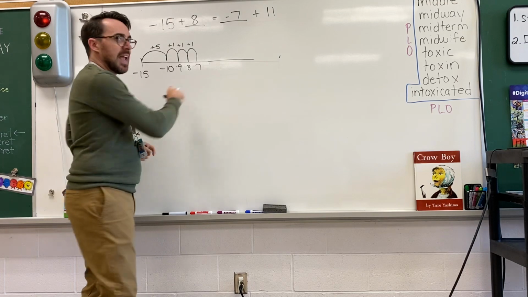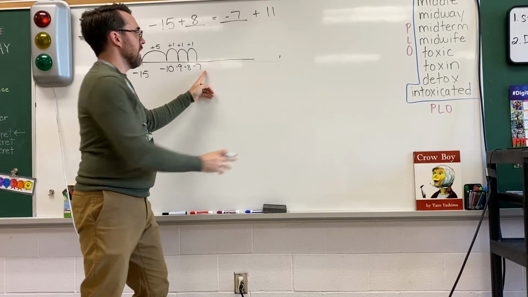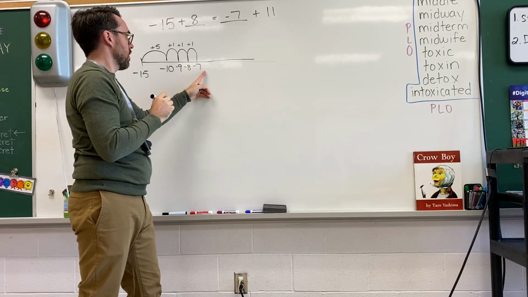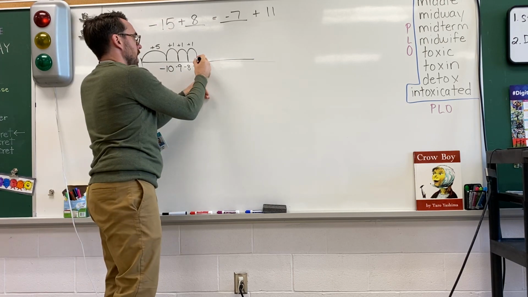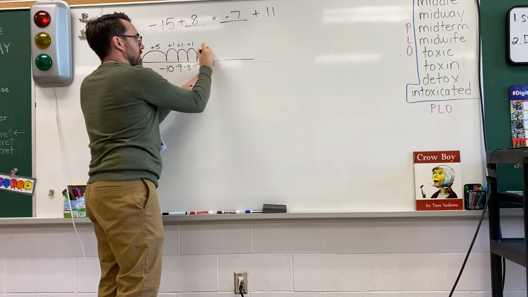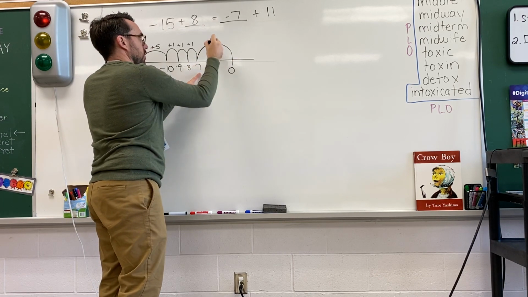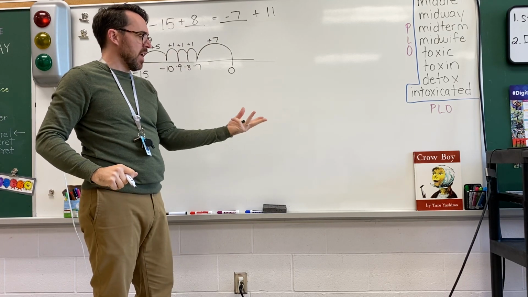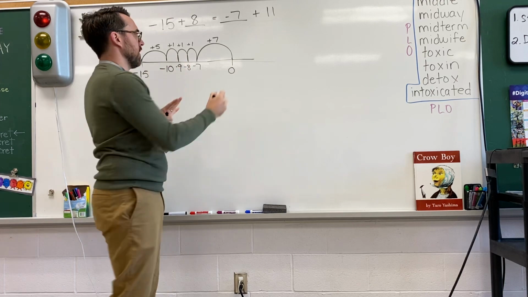When I'm looking at negative 7 and 11, I'm looking at the distance between those two, okay? I'm going to jump, you know what? I'm going to jump by 7 first, because that gives me back to 0. So there's plus 7. 7, 8, 9, 10, 11. I have 4 more to jump still.